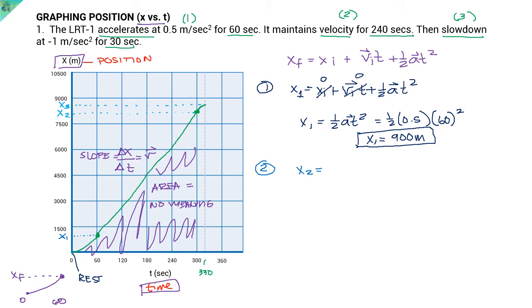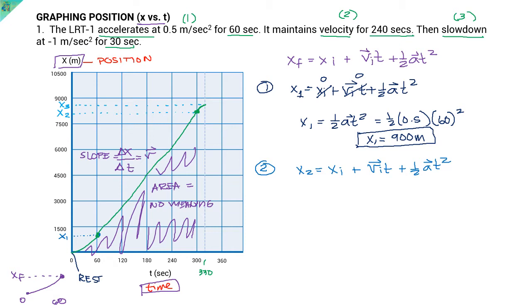Let's write first our formula, xi plus vi t plus 1/2 a t squared. Okay, so for position number 2, if you're going to look at it, hindi siya katulad ng x1 which started from rest, right? Which means it should have an initial velocity here. Kasi dito na siya eh.